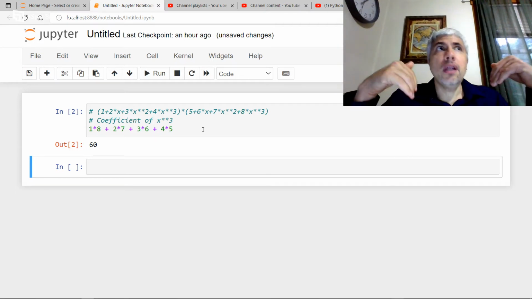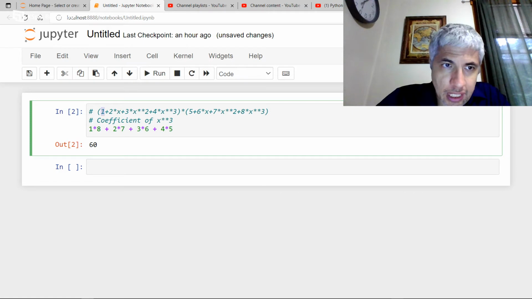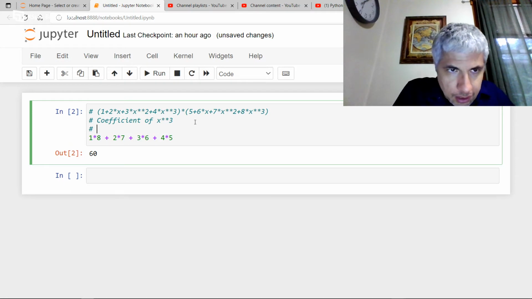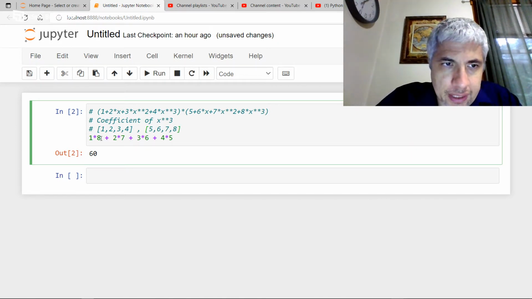I cared about the process of doing this, where I took the first element here and the last element here. Like, we could even think of these as lists, right? This could be looking at the list of 1, 2, 3, 4, and the list of 5, 6, 7, 8. I'm taking the first and last elements, putting them together and multiplying. Then I add that to the next element and the next from the last, putting that together and multiplying.